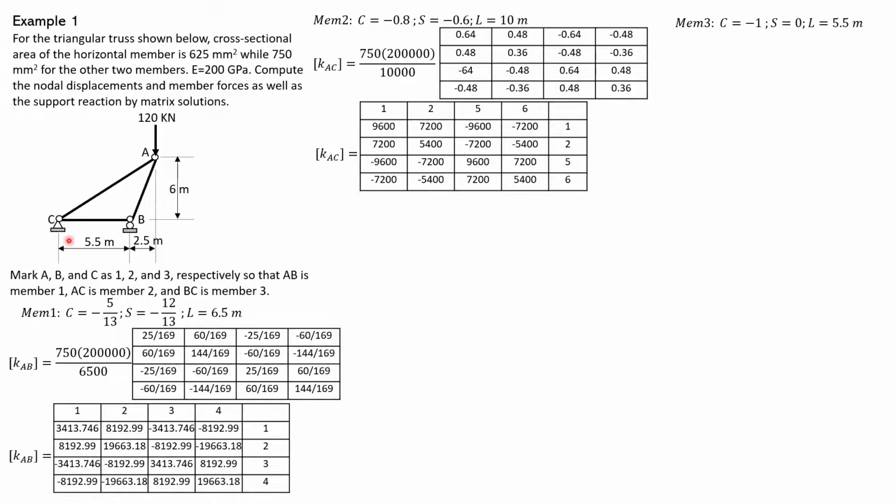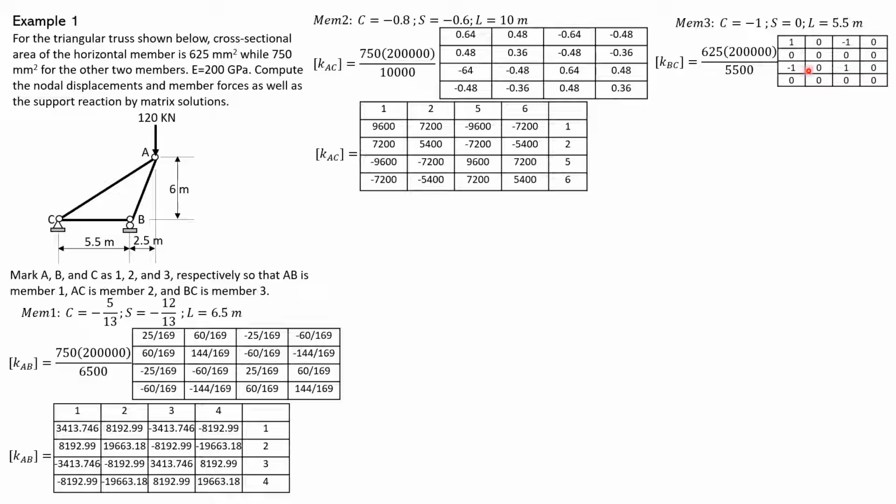The length is obviously 5.5. Substituting, K of BC is area 625 times 200,000 over length 5,500 times the quantity: of course the square of cosine is 1, then CS is 0, the negative of the first, negative of the second remain 0, then CS is 0, S square is 0, then their negatives 0, 0.